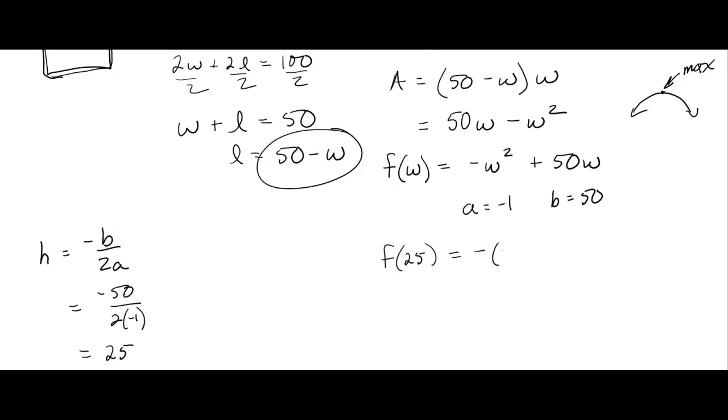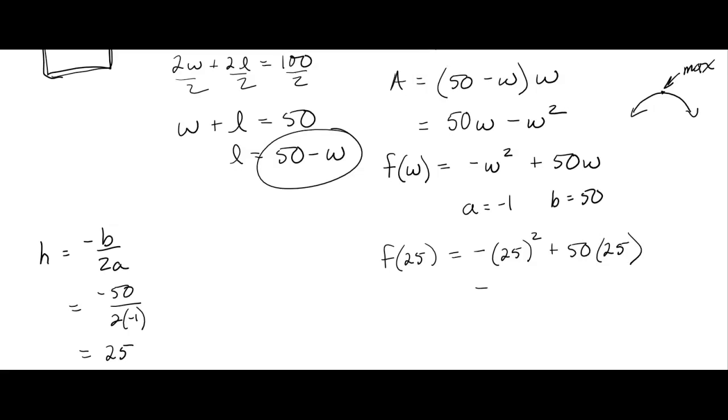It's going to be negative 25 squared plus 50 times 25. Okay, so calculator time. Let's see, clear. So I think 25 squared is 625, but let me check.